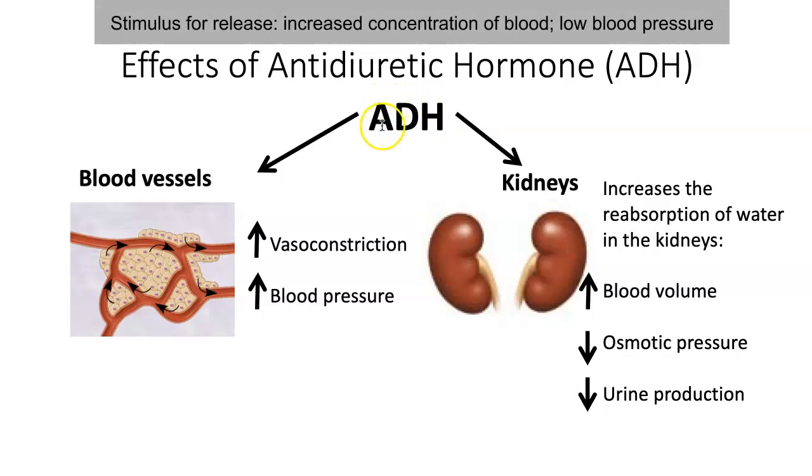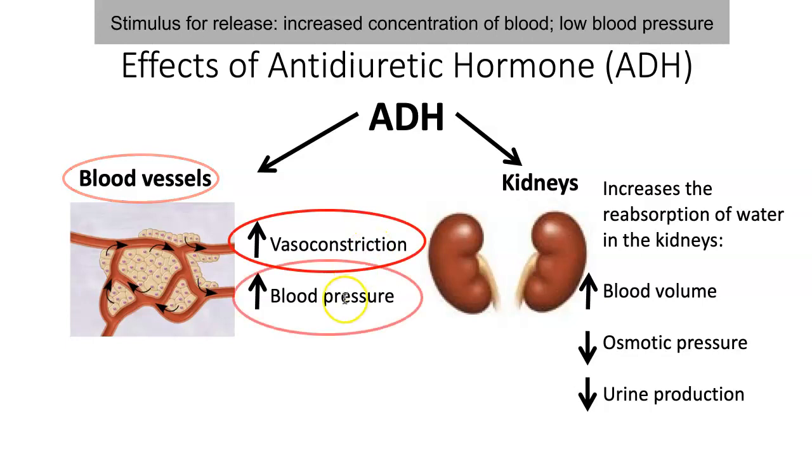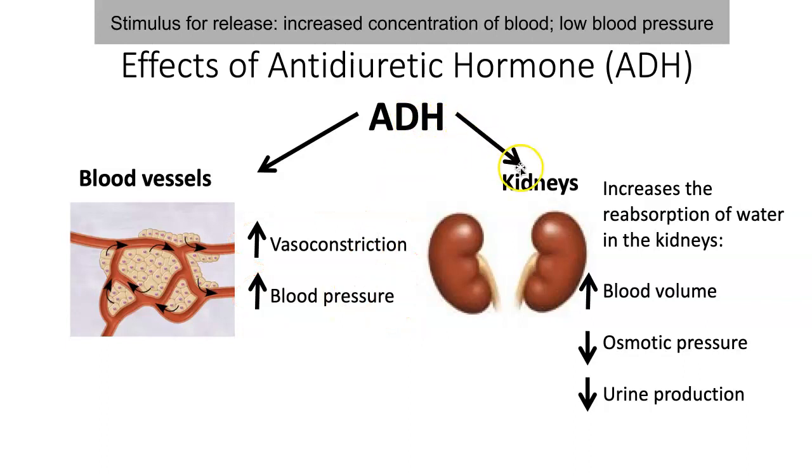ADH causes vasoconstriction, or in other words, a narrowing of blood vessels, which is going to increase blood pressure. Antidiuretic hormone also targets the kidneys, and it binds to the kidney tubules, and it overall increases reabsorption of water.